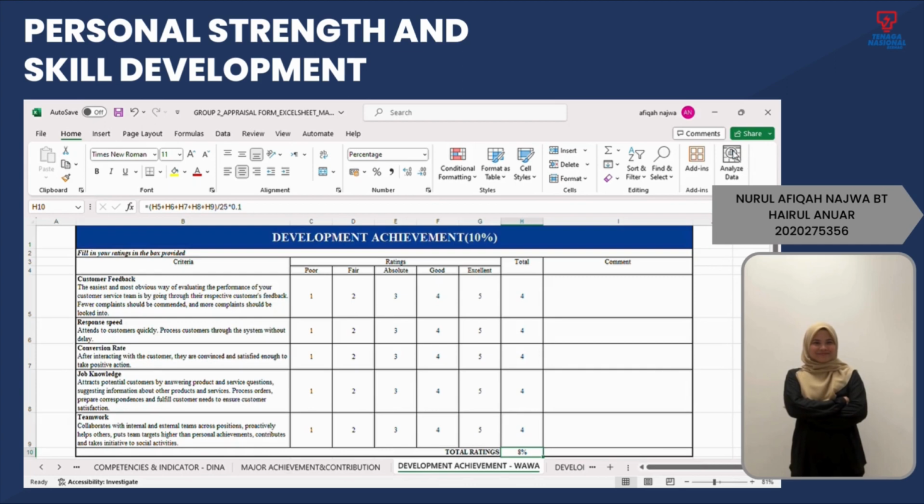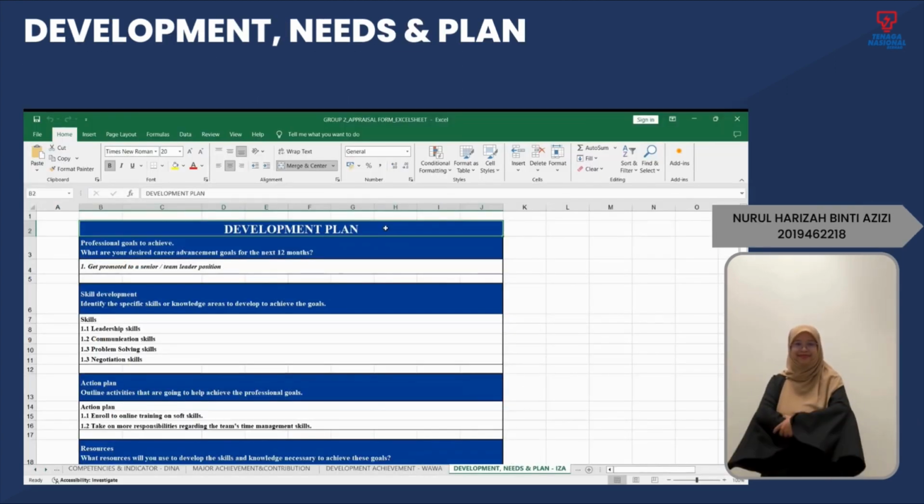Thank you. Next, we move into development needs and plans by managers. Professional goals to achieve: the managers propose that this customer service officer get promoted to a senior or team leader position as his professional goal to achieve for this year. Next, the skills development.